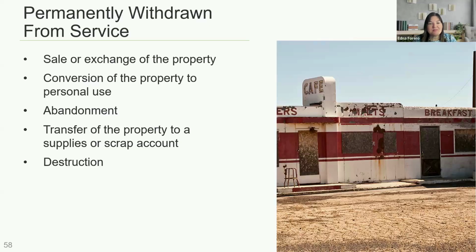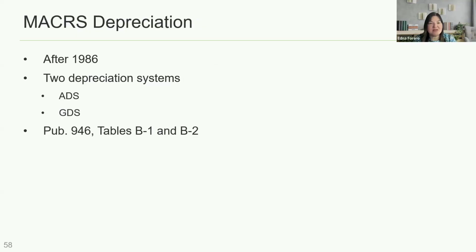So now that we've known that information about our items, we've got to determine how we're going to depreciate it. So a little history lesson for you here, and you'll see some information in the book. The MACRS depreciation, or what's called the modified accelerated cost recovery system, is in use after 1986. There are two methods available, two systems there, the ADS and GDS.